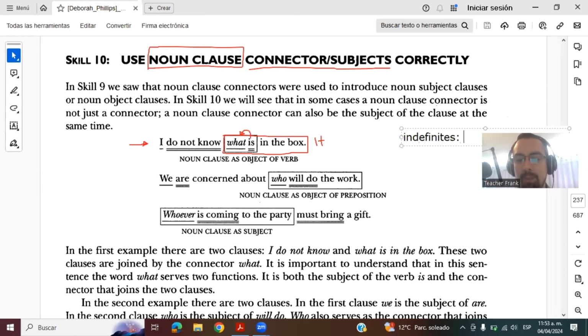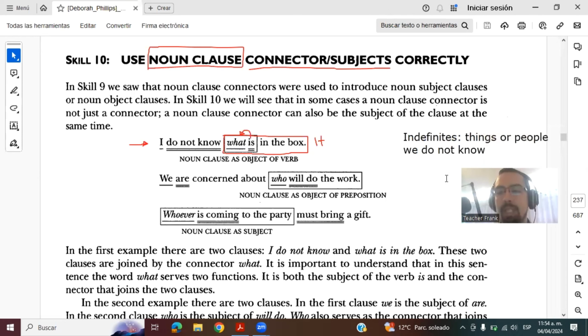Now, here we have to remember, and this is very important, there are indefinites. Indefinites are things or people we do not know, right? It's like somebody, someone. When we say something like, somebody took my cereal, we don't know who, but we still need to mention that indefinite. These are the indefinite connector subjects.